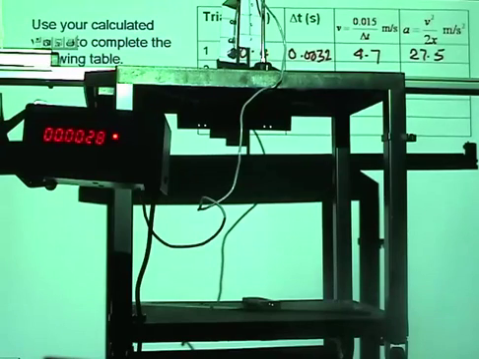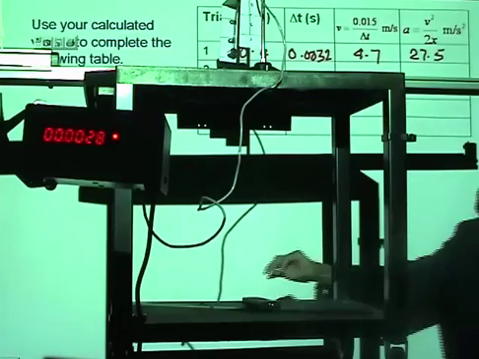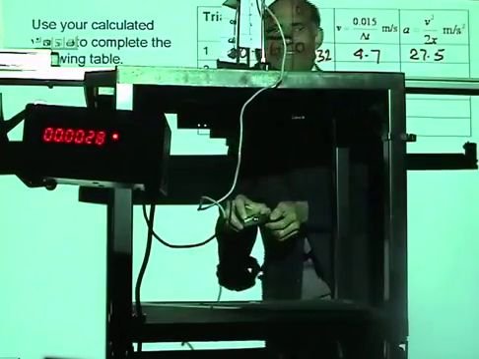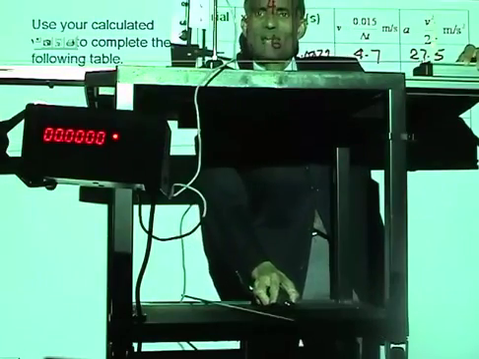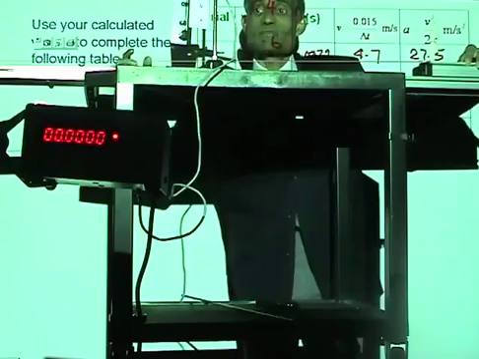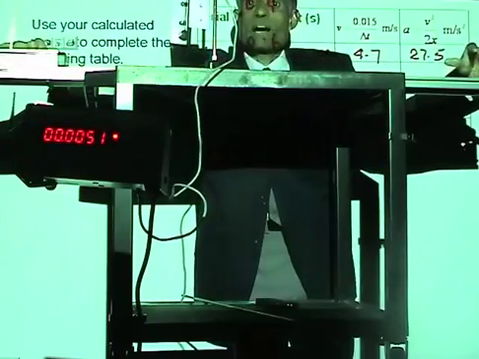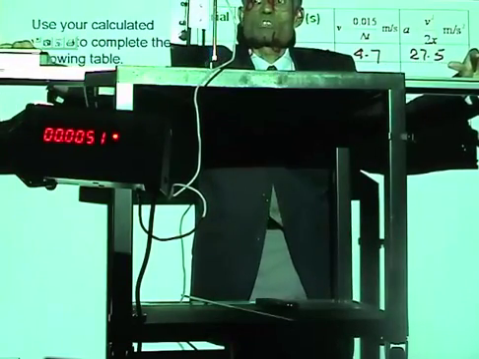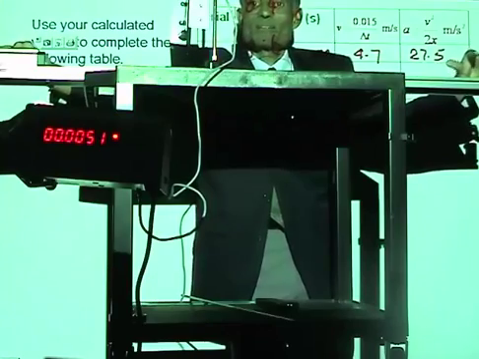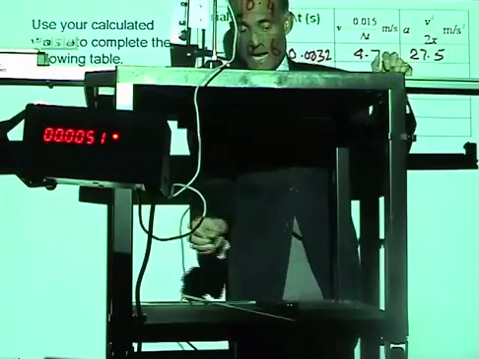The third trial: the distance is 0.6 and the time is 0.0028 seconds. Alright, let me change the distance to 70. Let me now run the 70 centimeter and the time is 0.0051. Alright, what's that time?